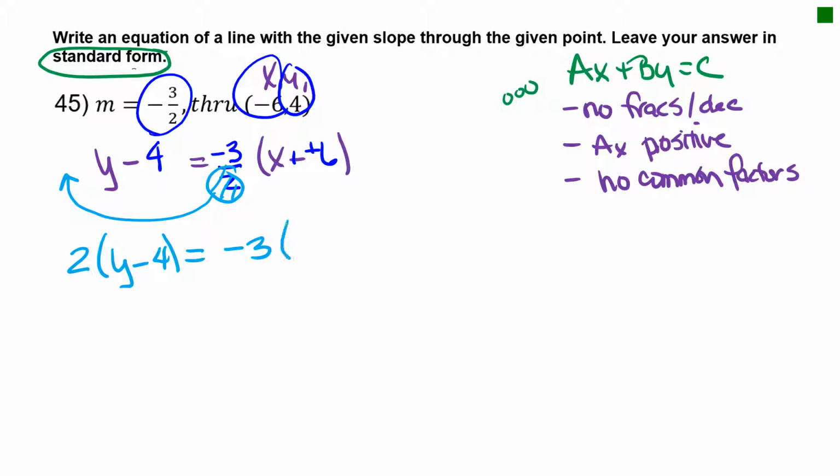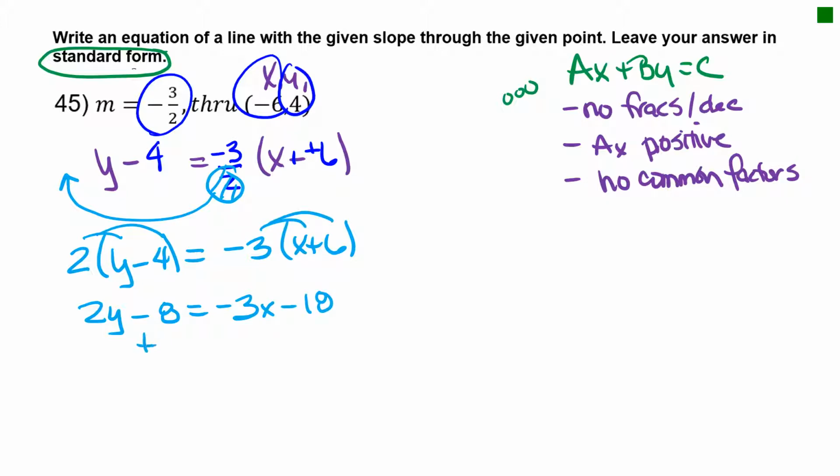The denominator's gone now. I'm going to distribute: 2y minus 8 equals -3x minus 18. I'm going to get the y term by itself. So those cancel. I have 2y equals -3x minus 10.